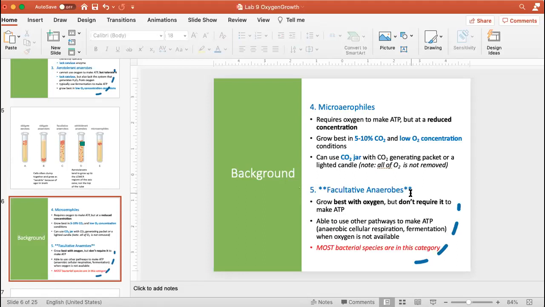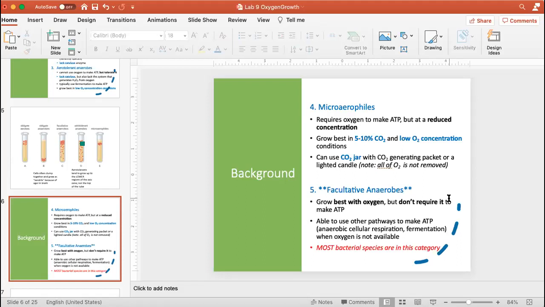They don't require it, but they have the most diverse abilities of all of the groups we've talked about so far. A facultative anaerobe actually grows best with oxygen, the full amount of oxygen that's in the air. So they grow best with oxygen, but they don't require it to make their ATP.